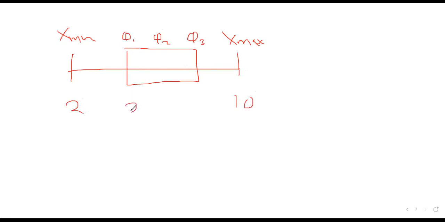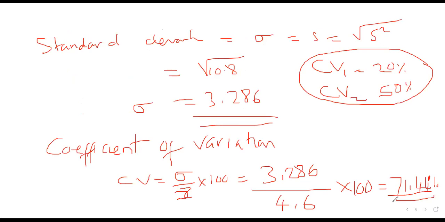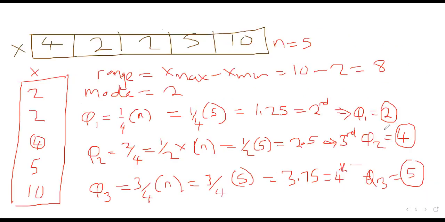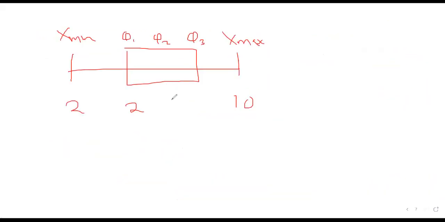The lower quartile was 2, and we have the median as 4, and the upper quartile as 5. So this is what we call the box-and-whisker plot.